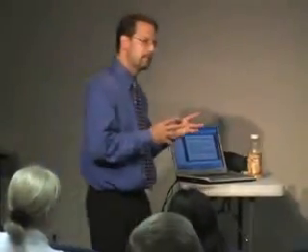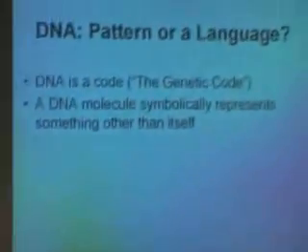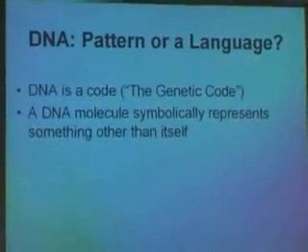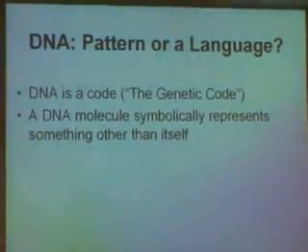So here's the question. Is DNA a pattern like snowflakes and hurricanes, or is it a language? Well, DNA is a code. And that's a really important idea, that there is a symbolic relationship, that when those letters are strung together, they form instructions.